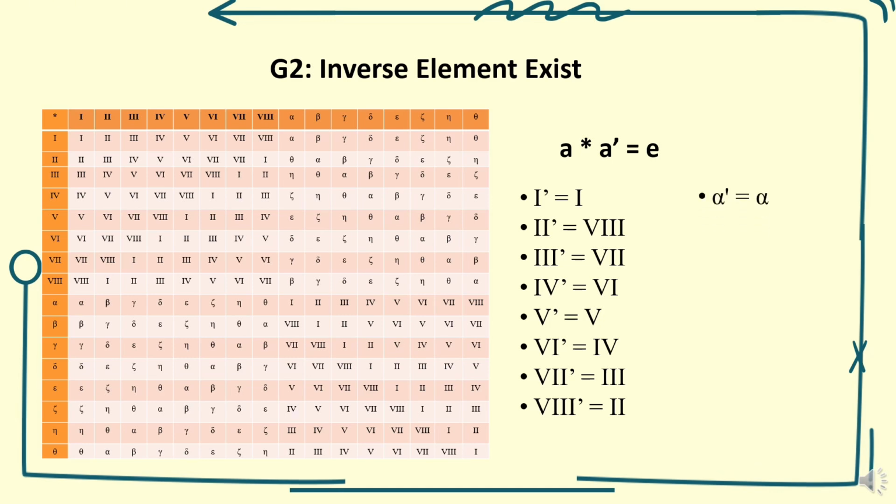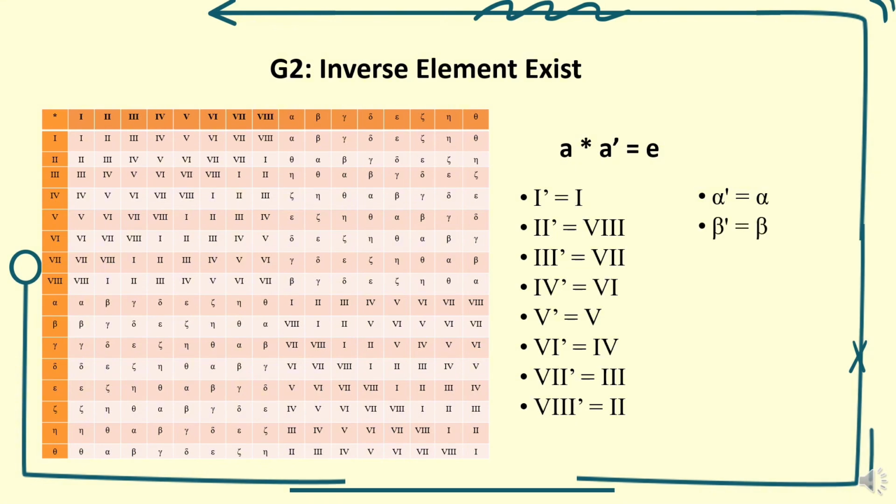As you can see, for the 9th element in our table, which is alpha, the identity element is located diagonally. So we can say that in this part, the inverse of each element from the 9th to the 16th element is itself.